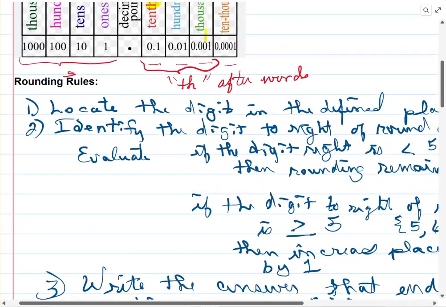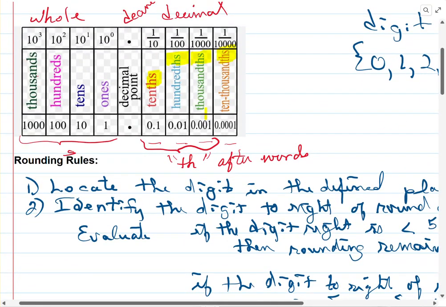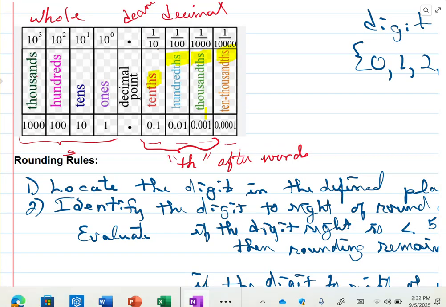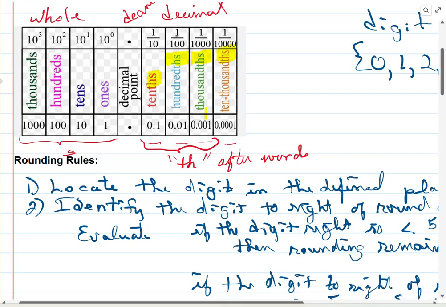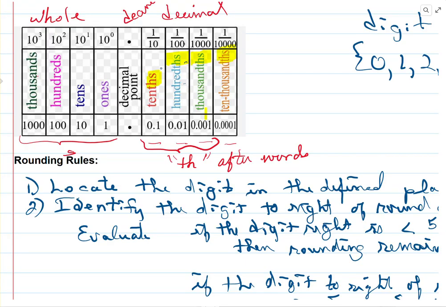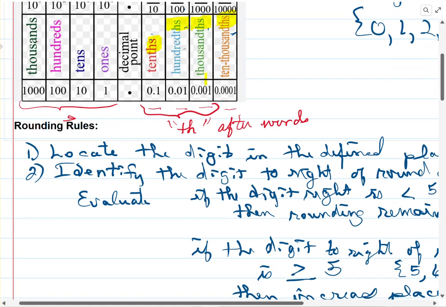Let me go back up there. See how it's whatever number over 10. This one is whatever number over 100. So these two numbers are over the 100. These three numbers are over 1,000. These four numbers over 10,000. And that tells you what you have.